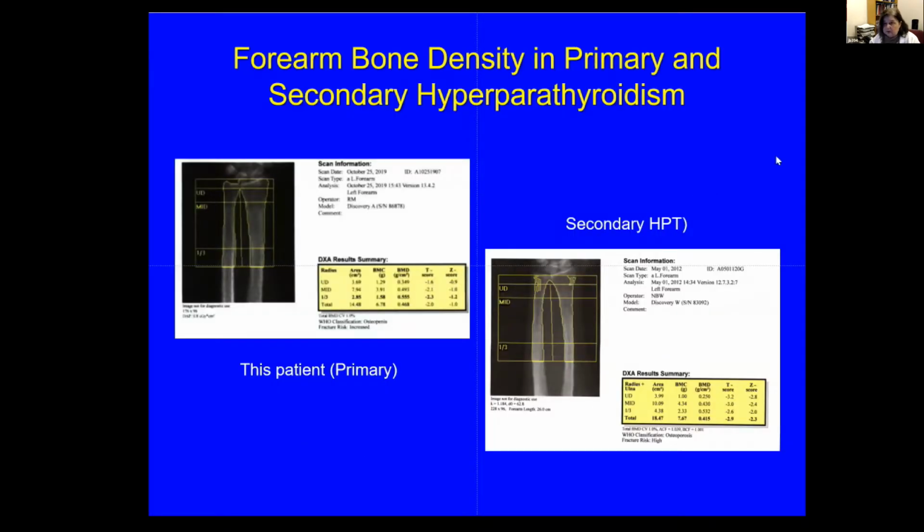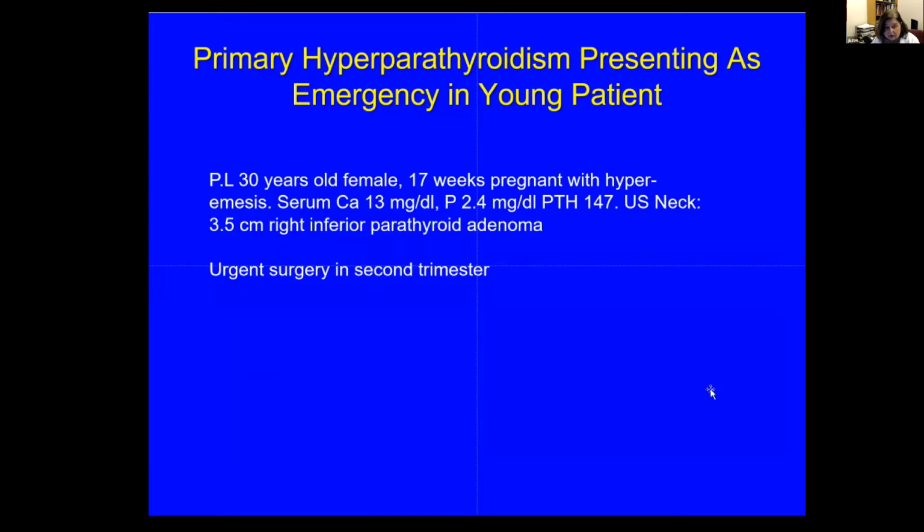The forearm bone density is pretty sensitive to differentiate between primary and secondary hyperparathyroidism. For primary hyperparathyroidism, the lowest score is at the 1/3 radius, and for secondary hyperparathyroidism, the lowest score is at the mid-region. So based on this, you can also predict which one the patient has.